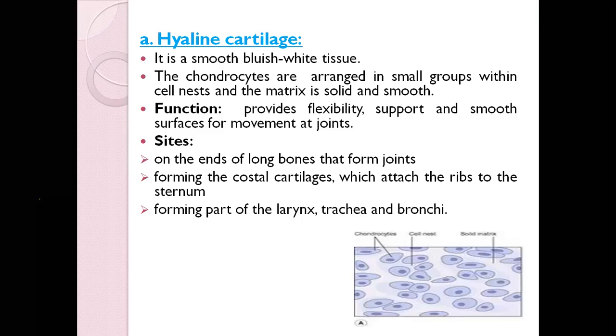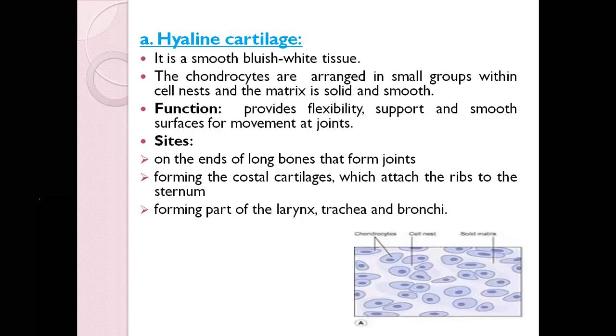So this hyaline cartilage is a smooth bluish white tissue, and the cells it has are the chondrocytes. All the cells are arranged in very small packs together, like a nest, as you can see from the diagrams. Also the matrix is a solid matrix. What is the main function?